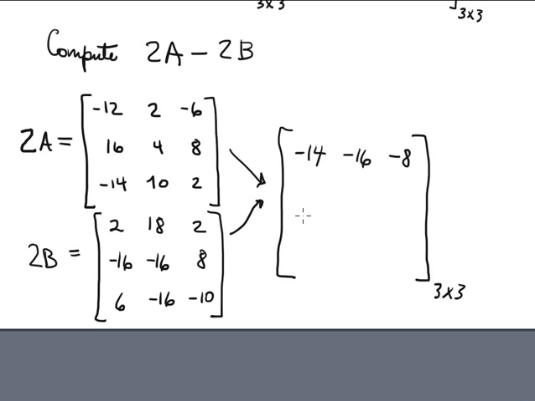Next row is 16 minus 16, which is 32. 4 minus negative 16 is 20. 8 minus 8 is 0. Negative 14 and negative 6 is negative 20. And 10 minus negative 16 is 26, and 2 minus negative 10 is 12.